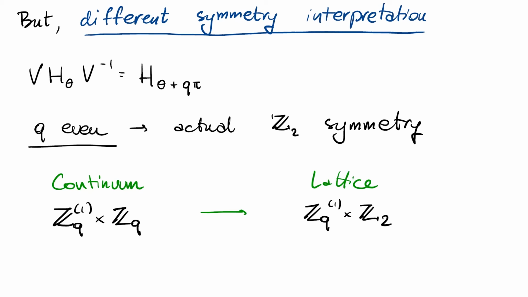And we know that the massless charge Q Schwinger model in the continuum has a Z_Q^(1) cross Z_Q symmetry. And if we have even Q, then on the lattice, we're breaking this to Z_Q^(1) cross Z2. So why do we have this?